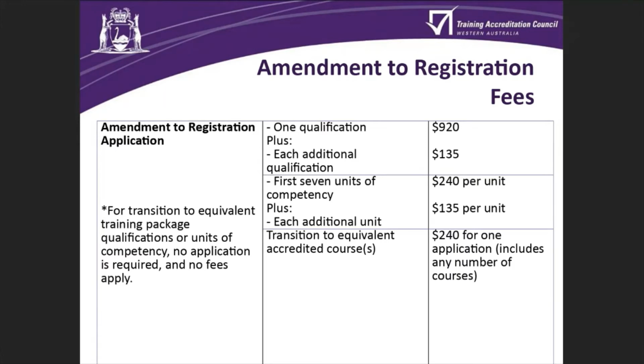But as soon as you go through the process of changing or amending your scope and adding scope to the qualification repertoire of your RTO, then there are going to be fees involved.